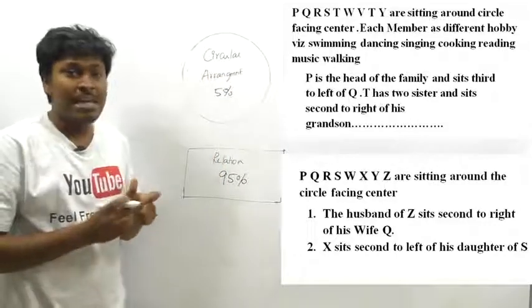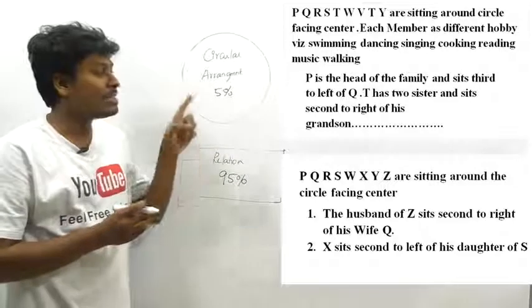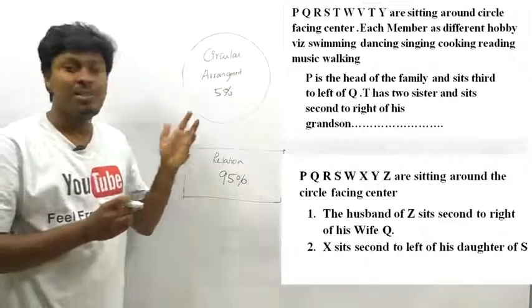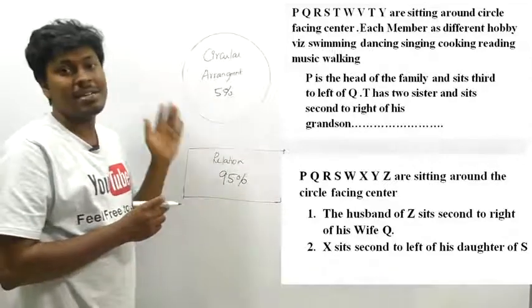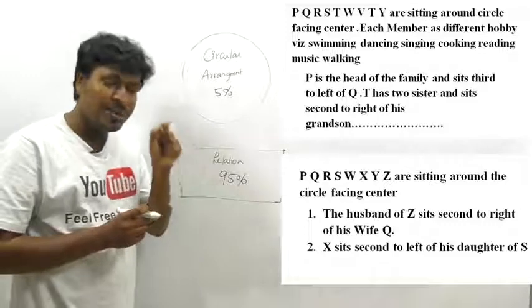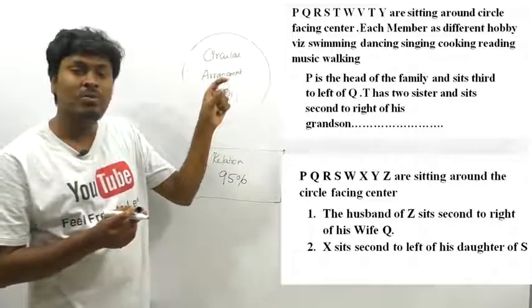Why? Because if you concentrate more on the circular arrangement, we can't get the answer for these kinds of sum, that is, without a clue word. There will be so many conditions, so many possible chances in a circle. So friends, if you need to solve fast, first see how the question is, whether they have given a clue word or not.